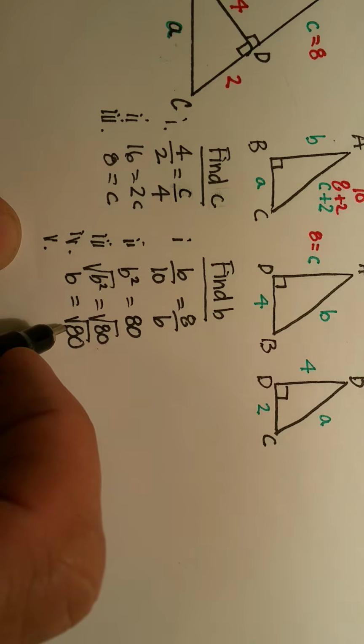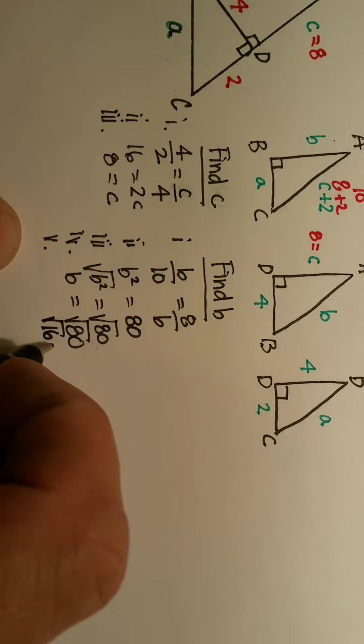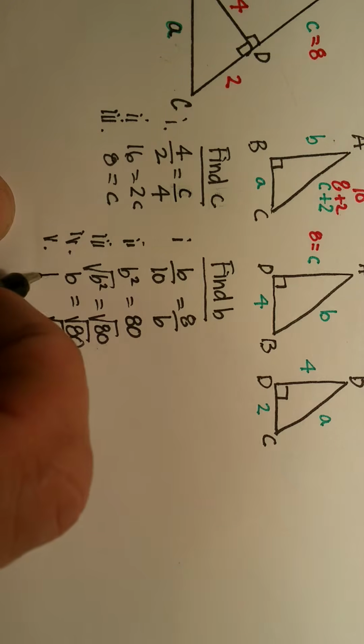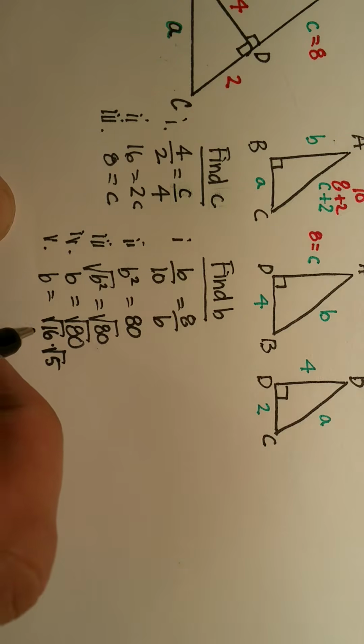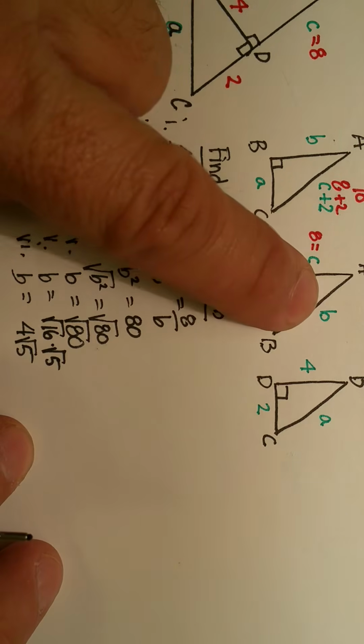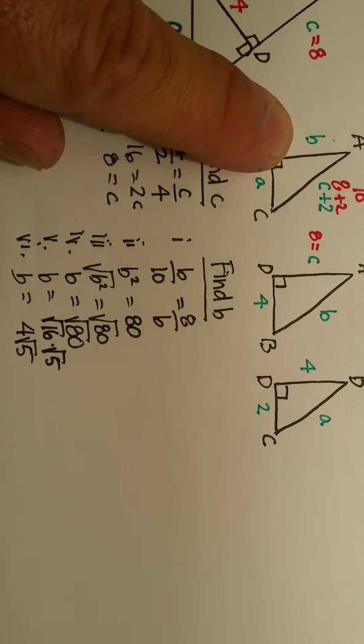Let me see, 16 times 5, I think, right? That would be equal to radical 80. Square root of 16 is 4. So now I can go back up here and label wherever I see B, I can put in 4 radical 5.